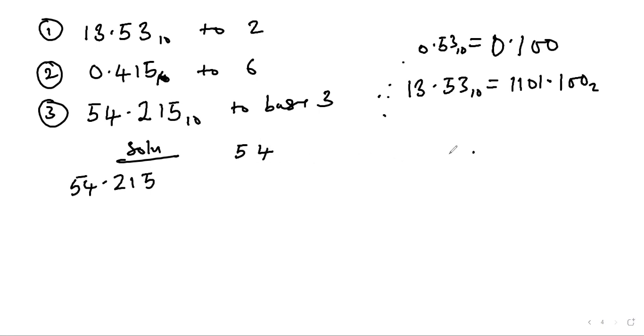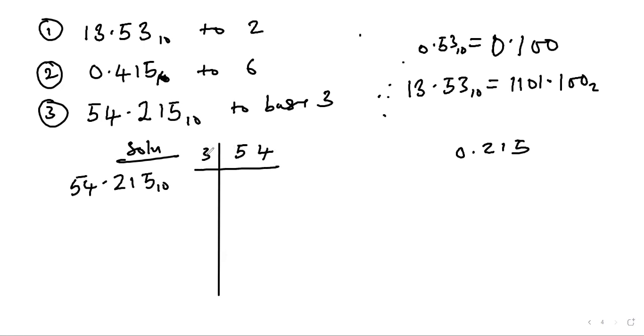The second part is the decimal part, 0.215. So I draw my line there. I divide all through. I want to convert to base 3. So I divide all through by 3.